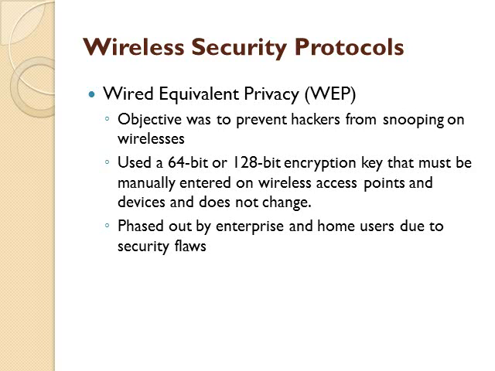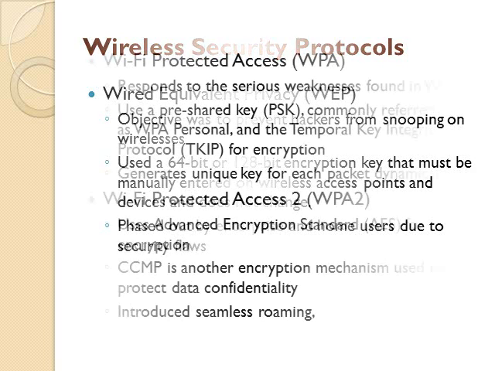It used 64-bit and 128-bit encryption keys, but the key had to be manually entered on wireless access points, and it does not get changed. Eventually, cybersecurity experts identified several security flaws in WEP, so it has been phased out.